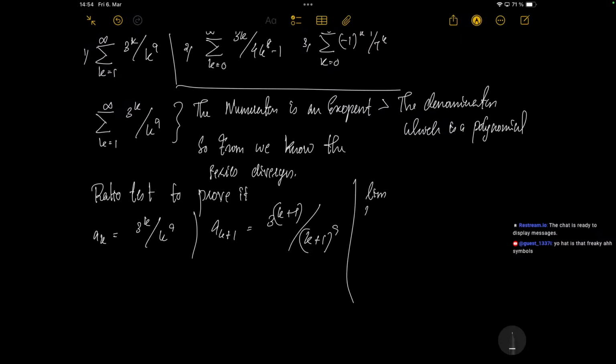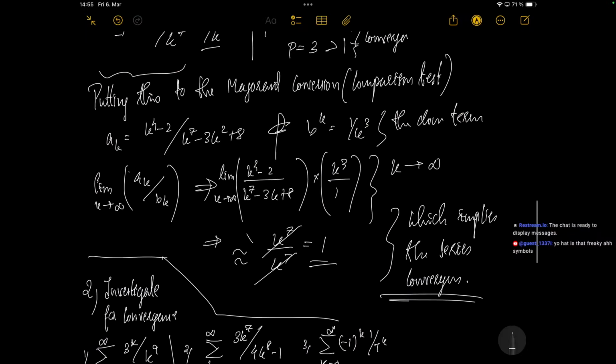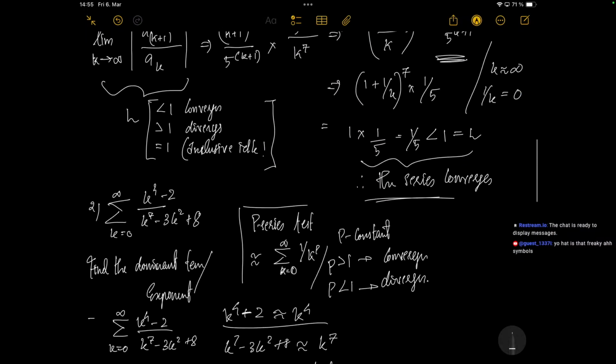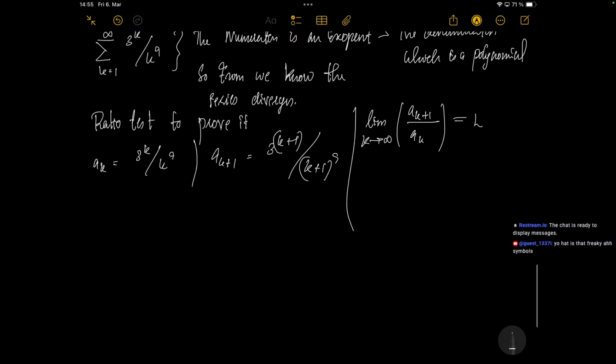Limit k tends to infinity, and no, we're not testing absolute, right? So a k plus 1 divided by a k equals L. So what was the rules? L less than 1 converges, L greater than 1 diverges.